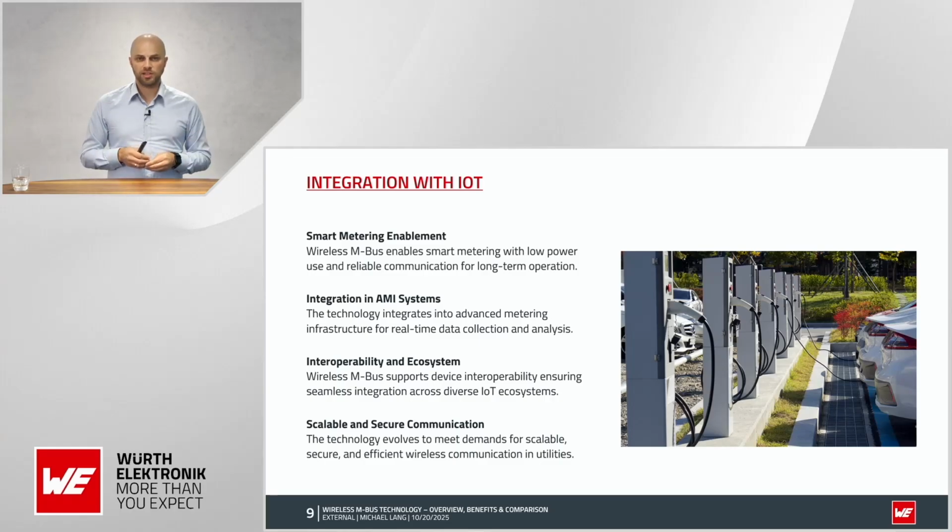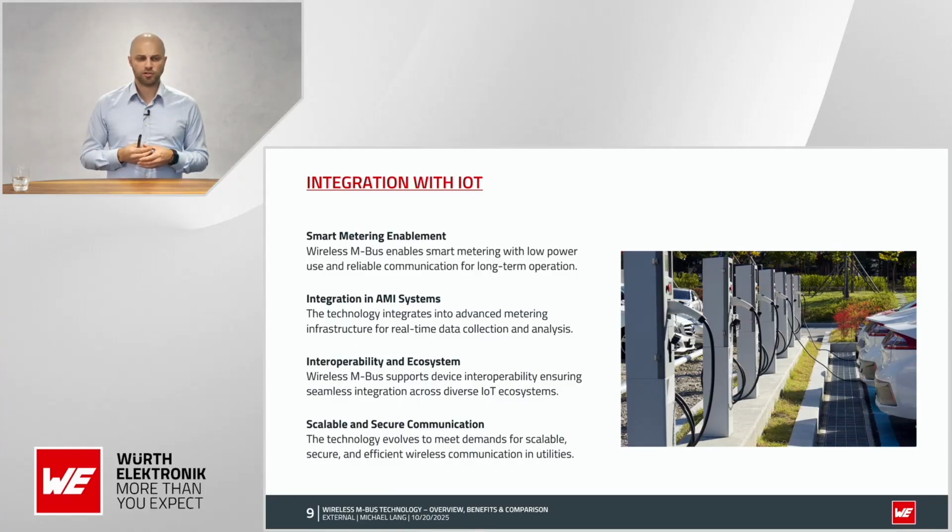First, for smart metering enablement, you have the possibility to get this data and, of course, to work with it. It can be integrated directly in AMI systems to advance the infrastructure in real-time data collection and to analyze it, of course.